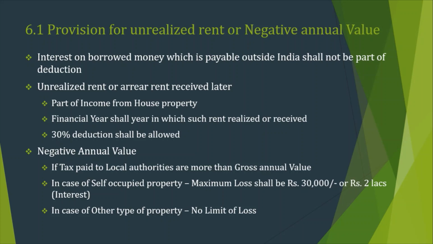If it is for construction or acquisition of the property, the maximum is 2 lakh rupees for self-occupied property. For any other type of property, there is no limit on loss. You can claim the complete interest even if it is more than 2 lakh rupees. Okay, so guys, this is our topic number 6.1.